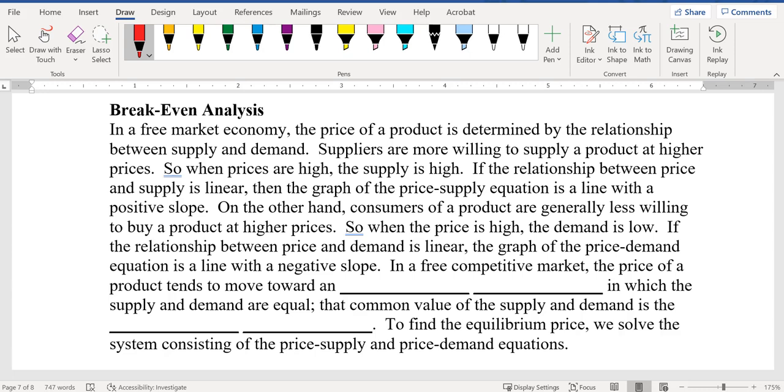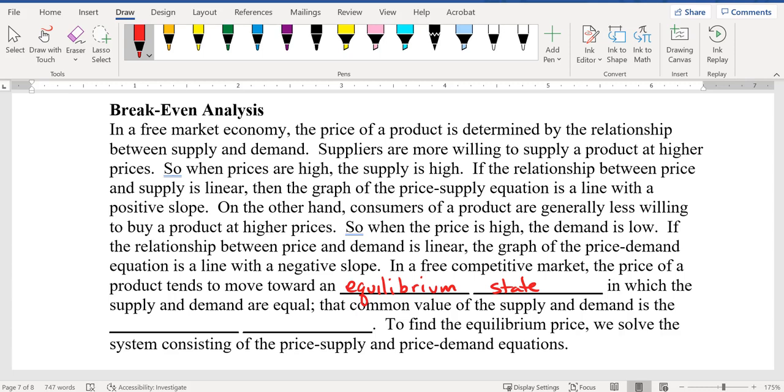Okay, in a free competitive market, the price of a product tends to move toward what's called an equilibrium state, in which the supply and the demand are equal.